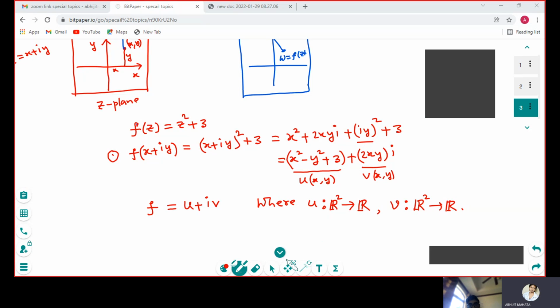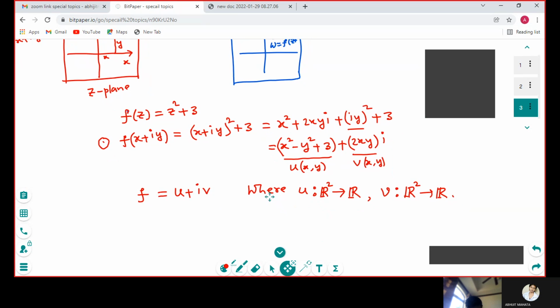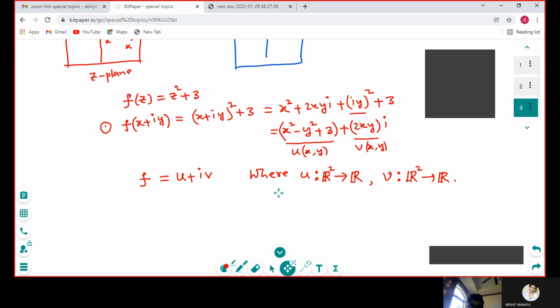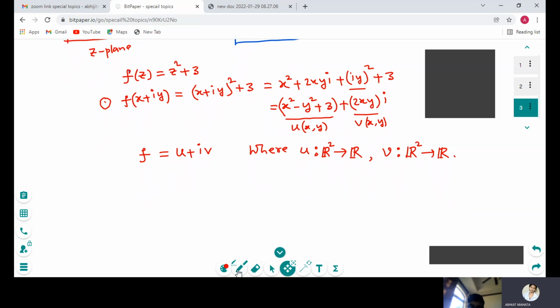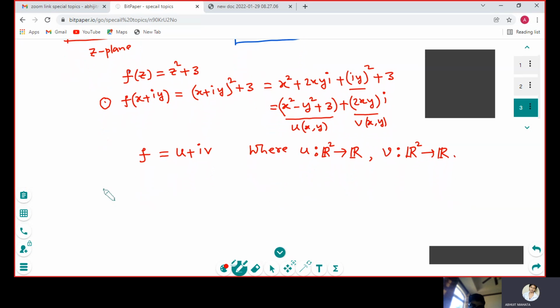Any question here so far about complex valued functions? I will give you an example, so you try to write it. Try this one: f of z, let's say we are taking 3z plus 5.